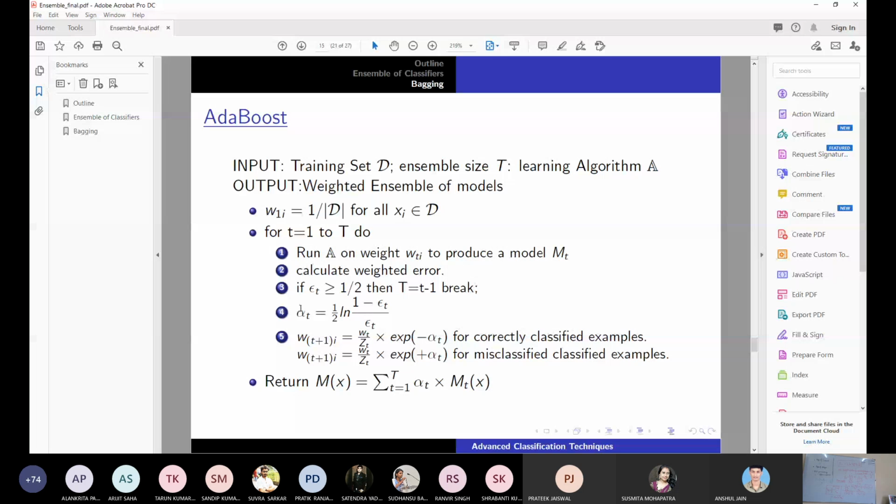So you put the negative of alpha_t, and that will be the weight of the correctly classified sample. Otherwise, for a misclassified sample it will be the positive of alpha_t. So this weight will be much higher than for the rightly classified sample, and you keep on doing this for all samples here.